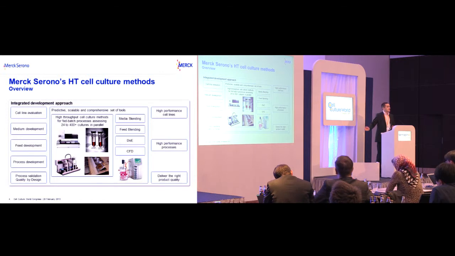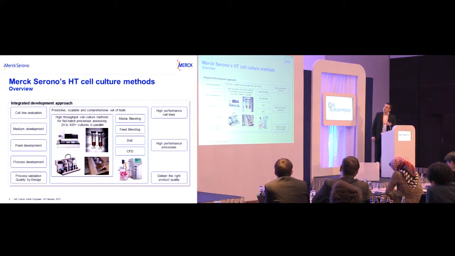So here first is an overview of our concept of development. It is what we call an integrated development approach. As many of you, our goal is to deliver high performance cell lines to manufacturing, high performance processes, and deliver the right quality.